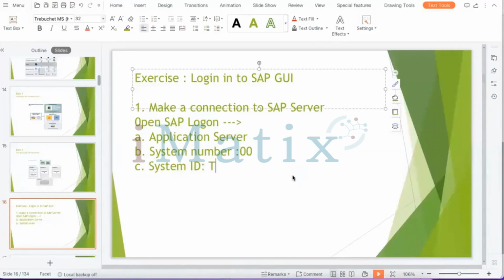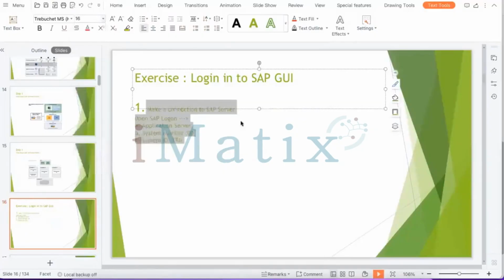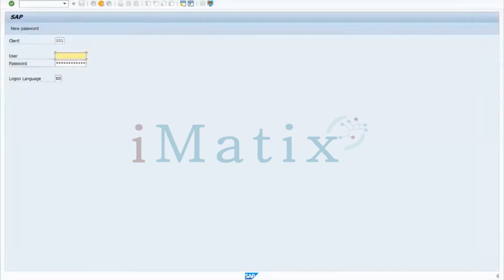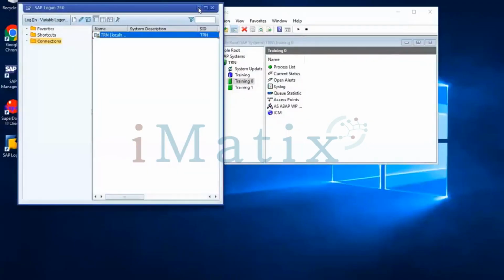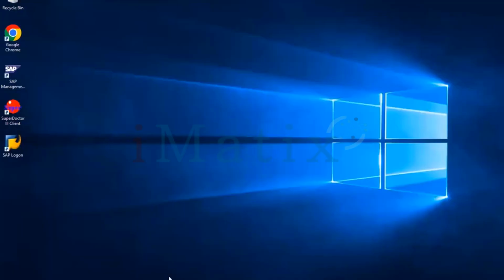I will show you. First, we have to make a connection here. Everyone is able to log in to this server, which I gave in the morning. You are able to log in.